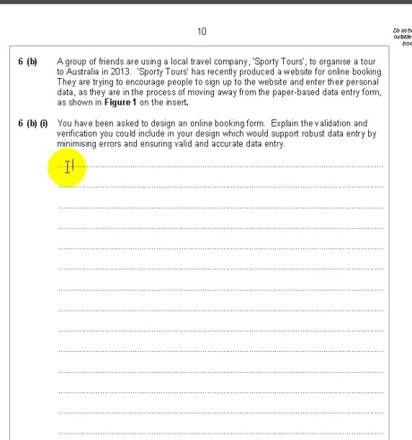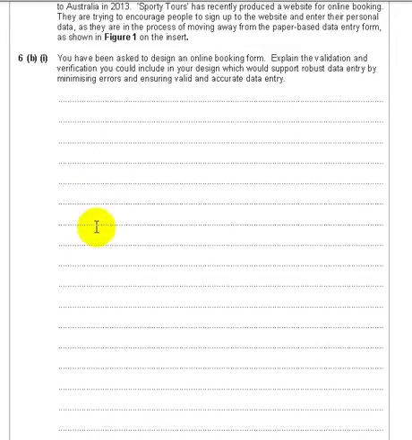A presence check makes sure that data has been entered. Okay, and that's 1, 2, 3, 4, 5, 6, 7, 8 marks in about 5 sentences. So that's pretty good, pretty efficient.